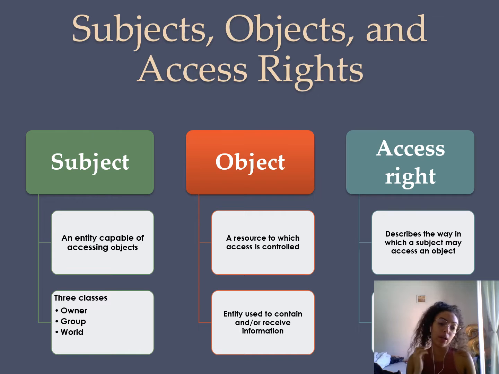So an object is a resource to which access is controlled. In general, an object is an entity used to contain and or receive information. So examples include records, books, pages, segments, and files, personal files, directories, directory trees, mailboxes, messages, programs.